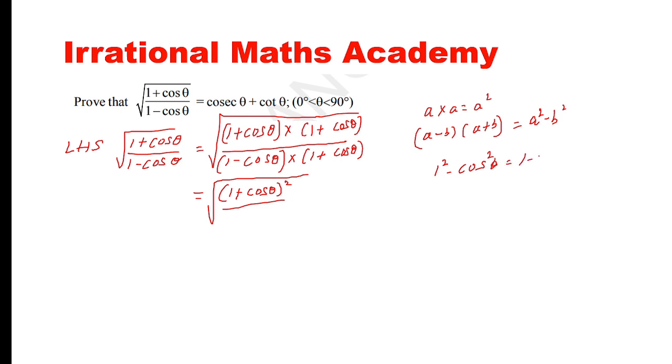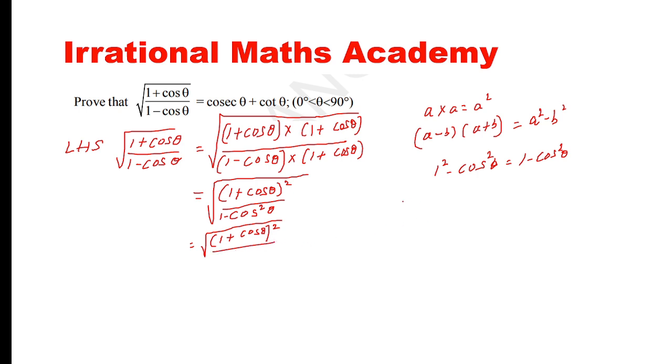We can write it as what? 1 square is 1 only, right? So 1 square minus cos square theta is written here as 1 minus cos square theta, and 1 plus cos theta whole square upon it.